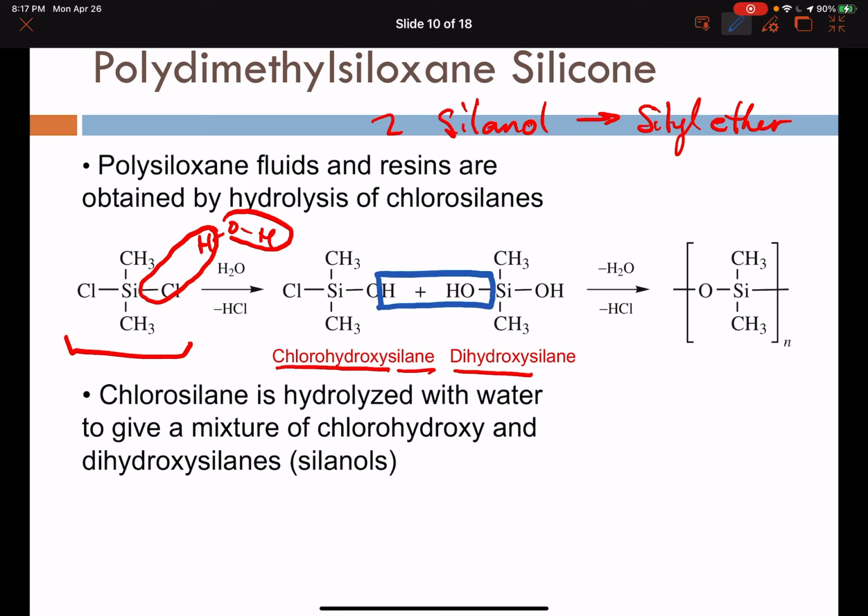If we eliminate that component there, this oxygen can bond to that silicon to make our silicon-oxygen bond to the next repeat unit, with the former already having been installed from before. And so this explains how siloxane fluids and resins can be formed. We've seen that chlorosilanes are hydrolyzed with water, and they can give a mixture of chlorohydroxy and dihydroxysilanes with the functional group generated called a silanol.